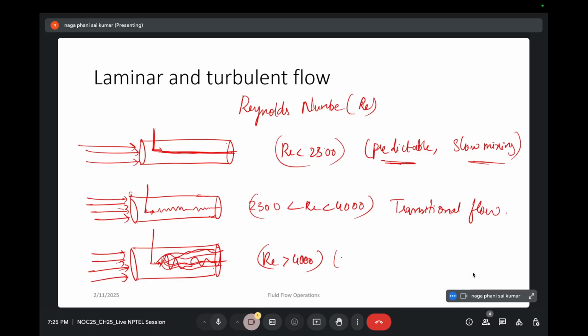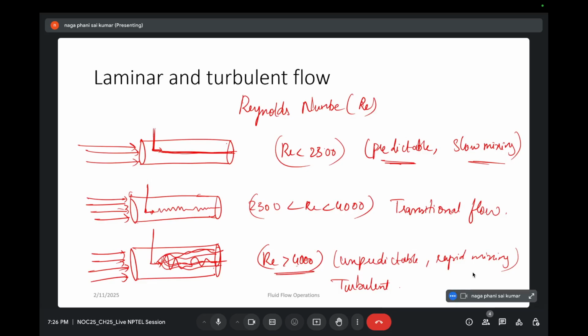So this is unpredictable and rapid mixing. If Reynolds number is more than 4000, this is called turbulent flow.